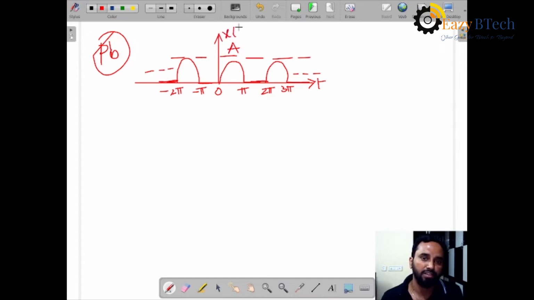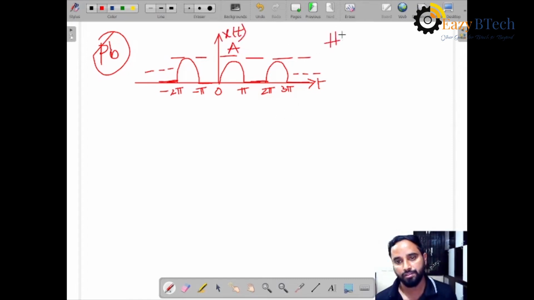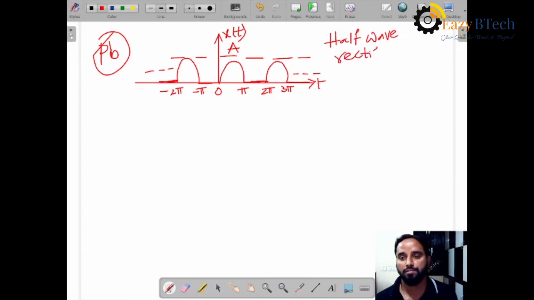The given signal is x of t. So this is the half wave rectifier output waveform. Find the trigonometric Fourier series, TFS.